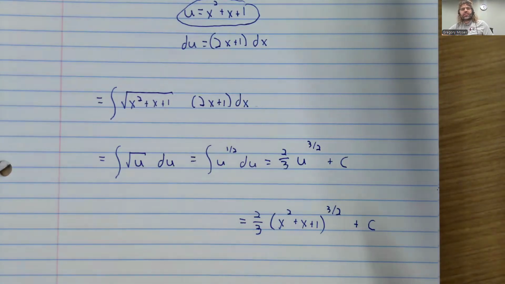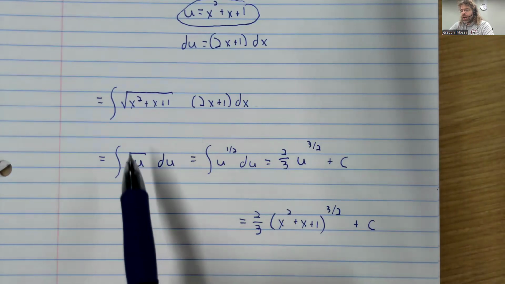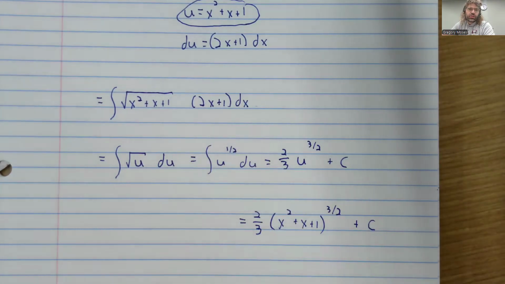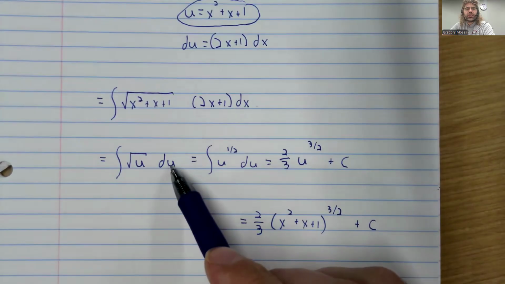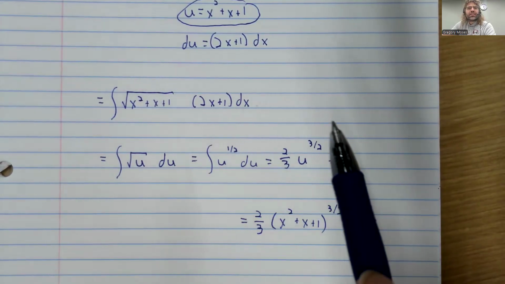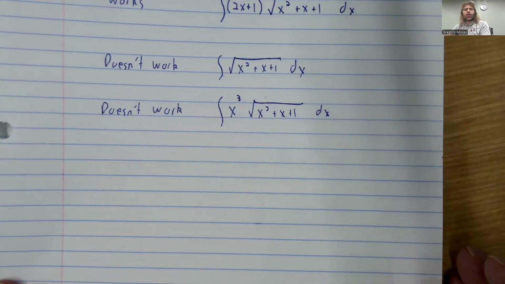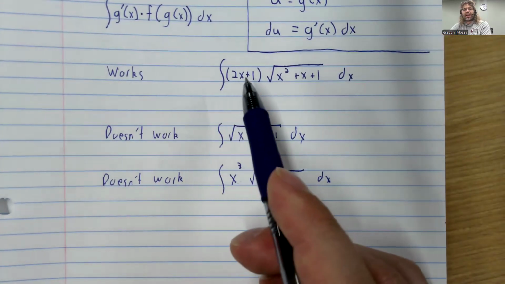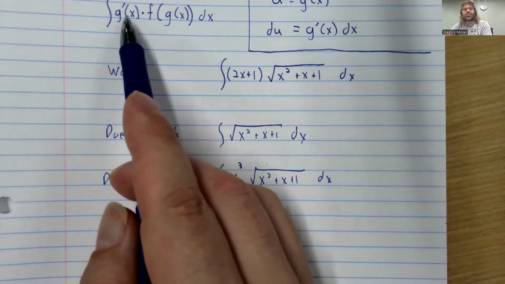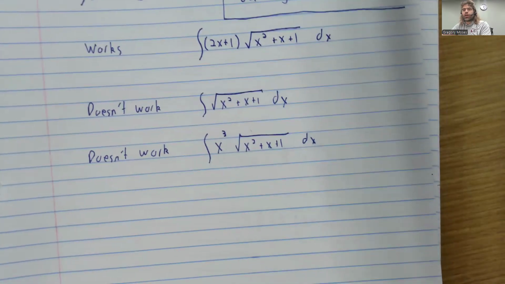And in order to take the integral successfully, everything had to turn to u. So our variable x had to turn into u, and also dx had to turn into du. And it's that last thing that causes u substitution not to work unless we have the derivative of the inside function out front.